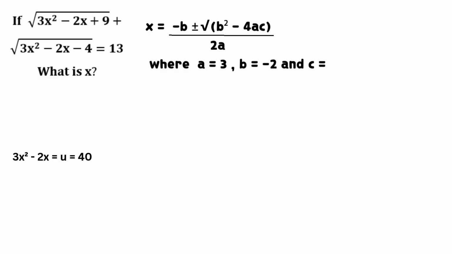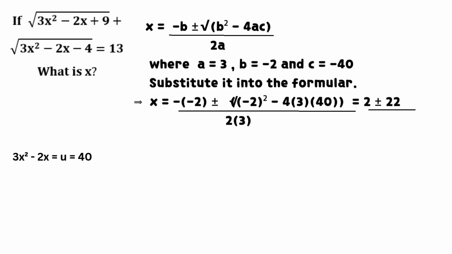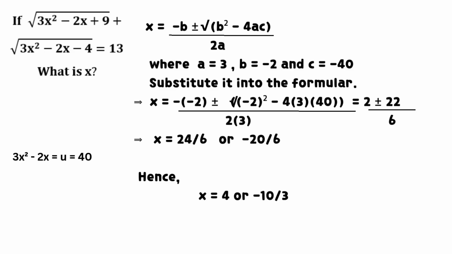Substitute it into the formula. We have that x equals 24 divided by 6 or negative 20 divided by 6, after substitution and simplification of values. Hence, with further simplification, we have that x equals 4 or negative 10 divided by 3.